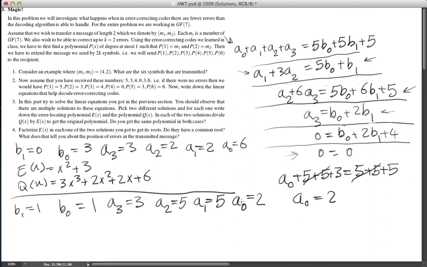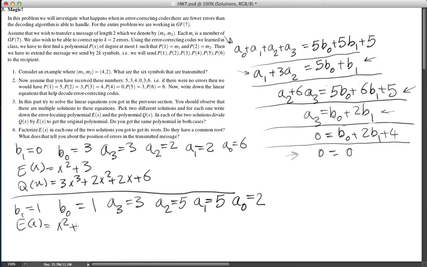Okay, so now this is just saying that e of x equals x squared plus x plus 1, and q of x equals a3x cubed, which is 3x cubed, plus a2x squared, which is 5x squared, plus a1x, so 5x, plus 2.